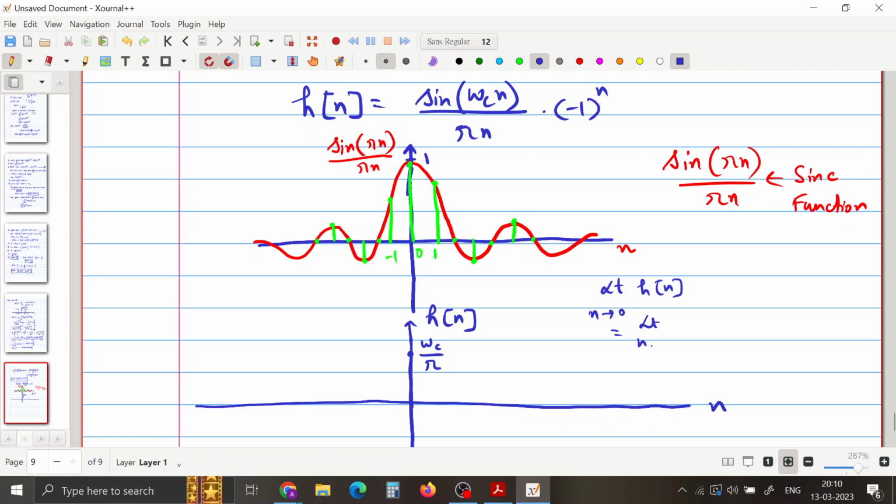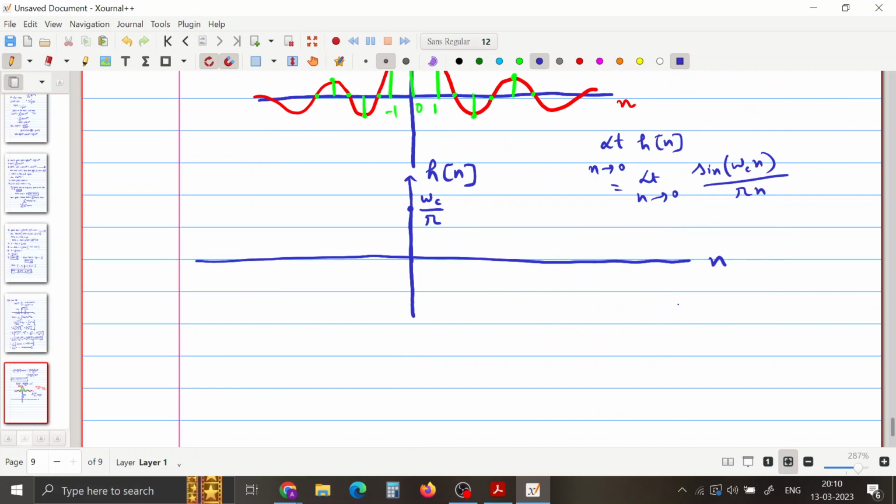So limit n tends to 0 of sine omega c n by pi n, and minus 1 to the power n is just 1. You can write this as sine omega c n by omega c n times omega c by pi. This is 1 times omega c by pi, which is omega c by pi. That's the amplitude at n equals 0.